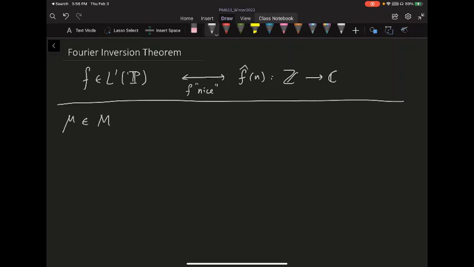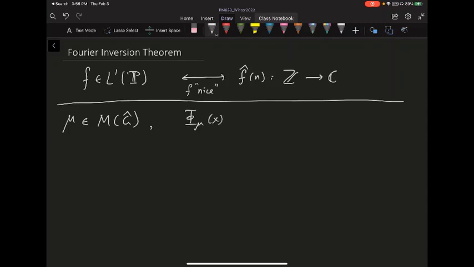Suppose I have a measure mu on G hat, and we define something that looks like an inverse Fourier transform. The Fourier transform is that you start with some measure and define a function on the dual group G hat. But we also define another function called the inverse Fourier transform.